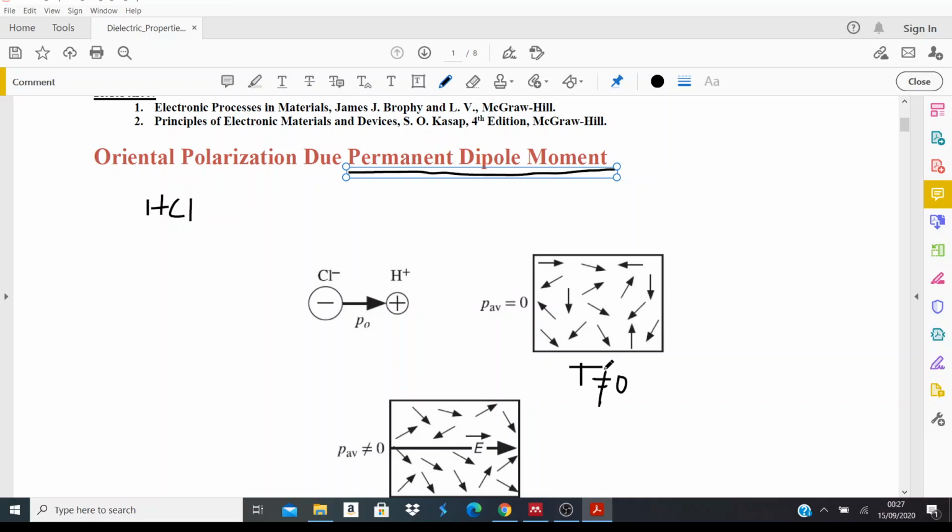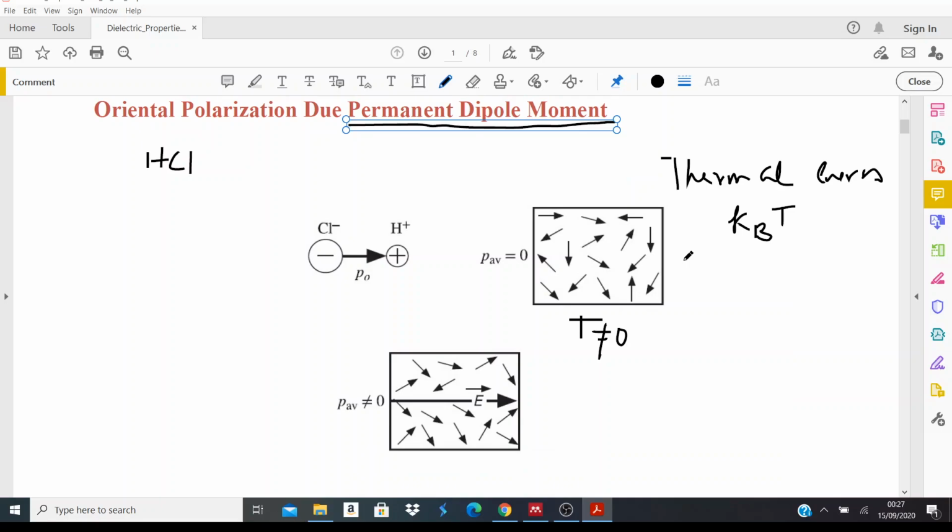At any temperature other than zero, you know the thermal energy. What is the thermal energy? This is nothing but the Boltzmann constant times the temperature. That's the amount of thermal energy, and this thermal energy will try to randomize the electric dipole moments.